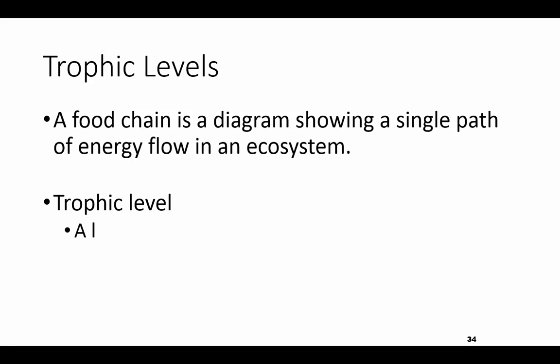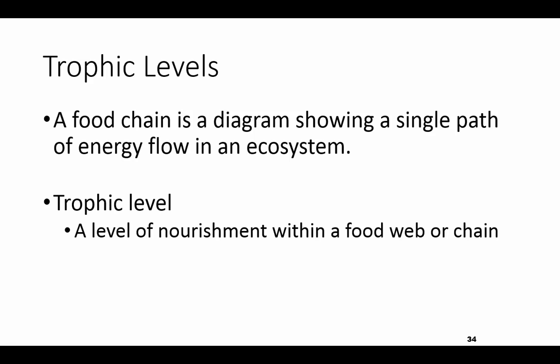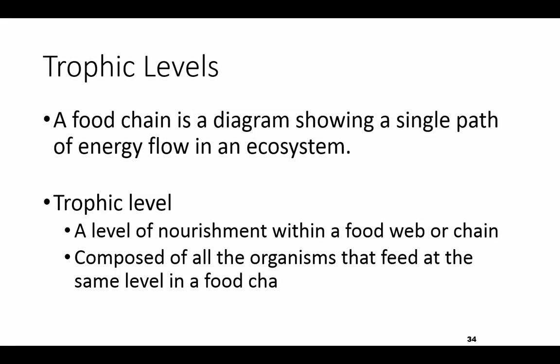A trophic level is the feeding level within a food chain or food web, and it contains all the organisms that feed at that level. So we're talking about producers, primary consumers, secondary consumers, tertiary consumers, and on up the pyramid.